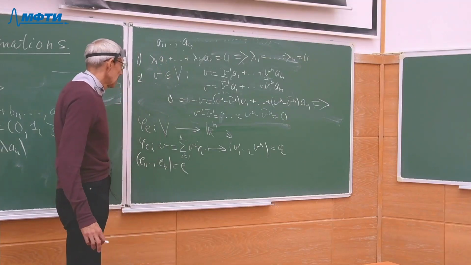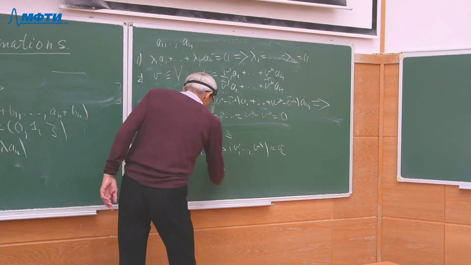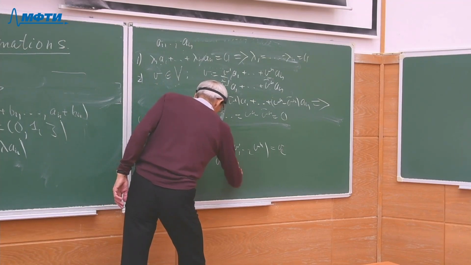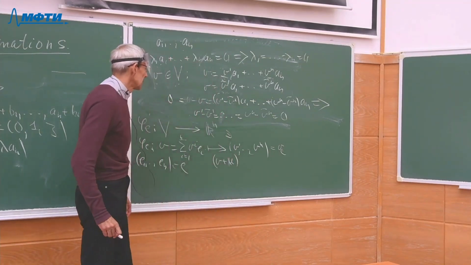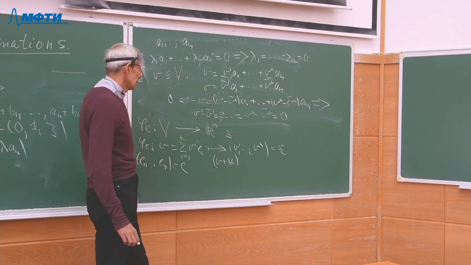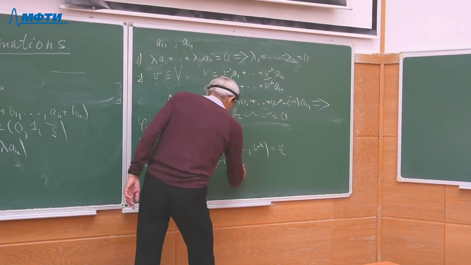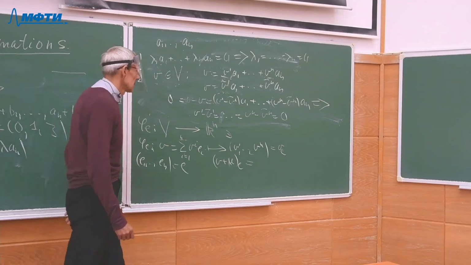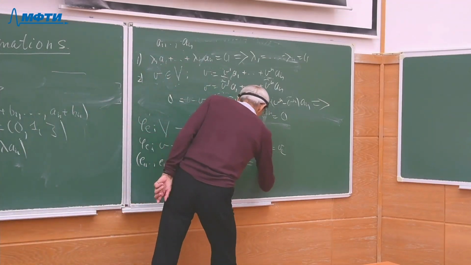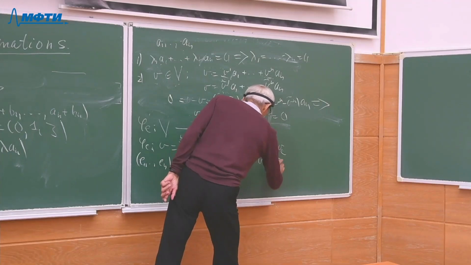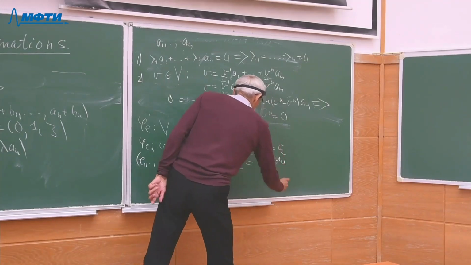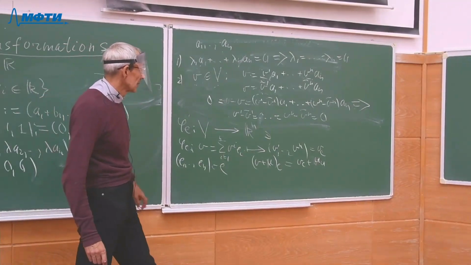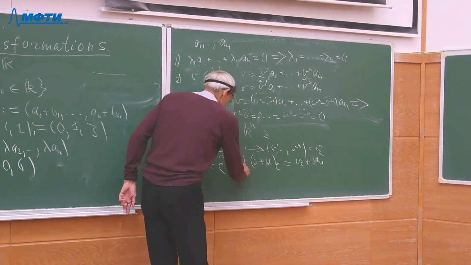This correspondence has the following properties. If we have two vectors v and u, and consider the sum of these vectors and the coordinates of this sum, we exactly obtain the sum of the corresponding coordinate vectors, the first property.